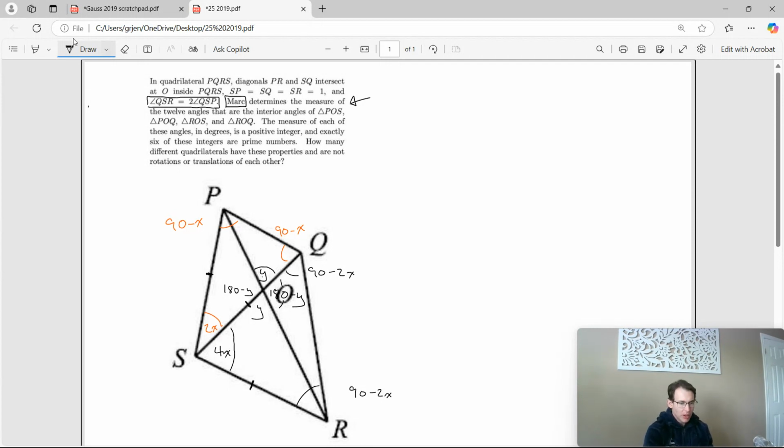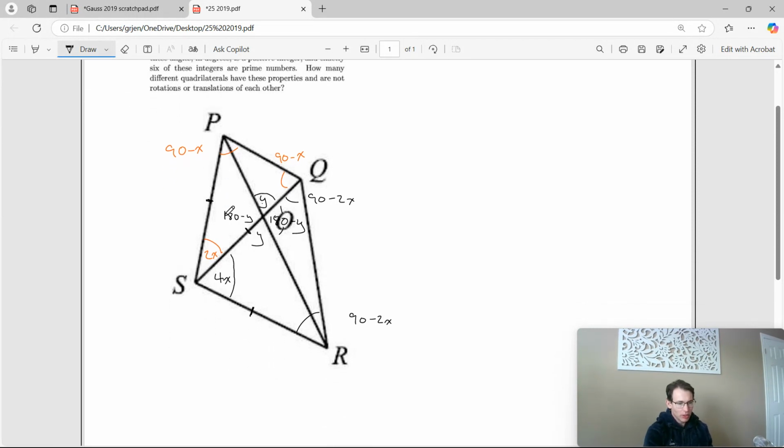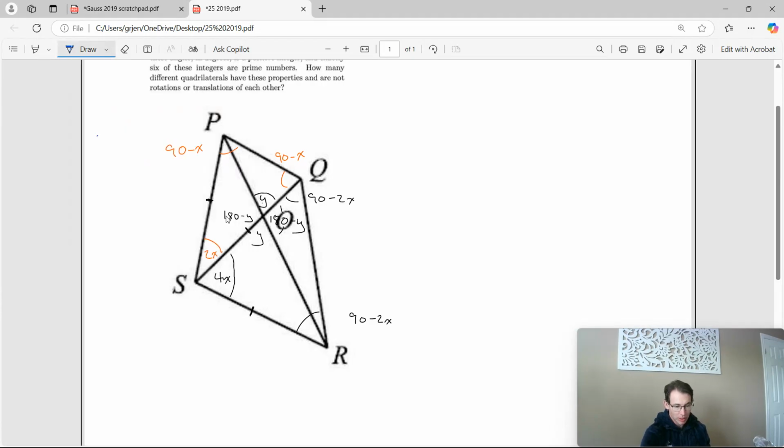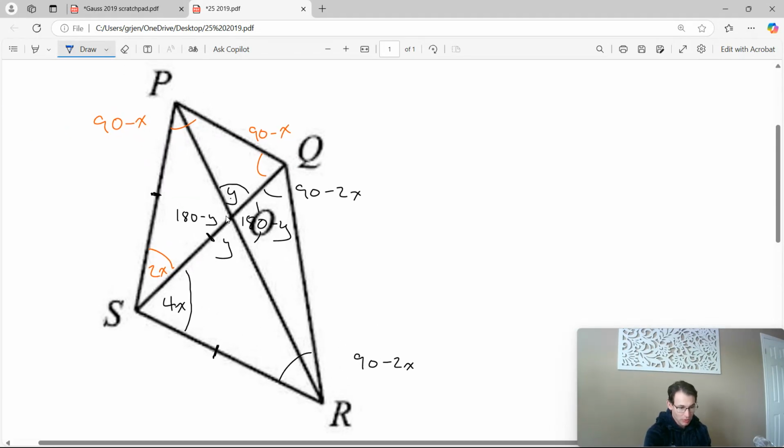But we can now go ahead and, working in these different triangles, identify some other angles. So now that I'm working with these bisected angles, I'm going to work in blue, and I'm going to zoom in a little bit so you can see more of what I'm doing. I don't know this, so call it A. And I'm going to express it in terms of these 2 angles here. So I now know A plus 180 minus y plus 2x is equal to 180 because it's a big triangle.